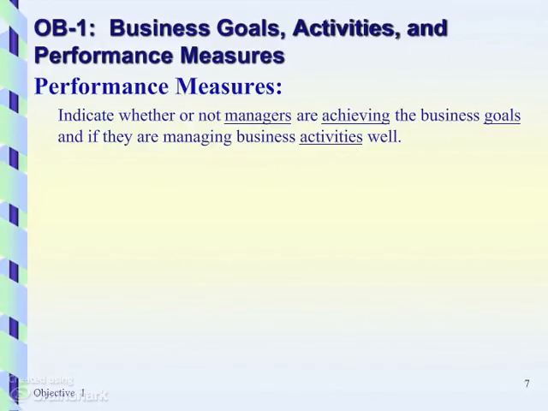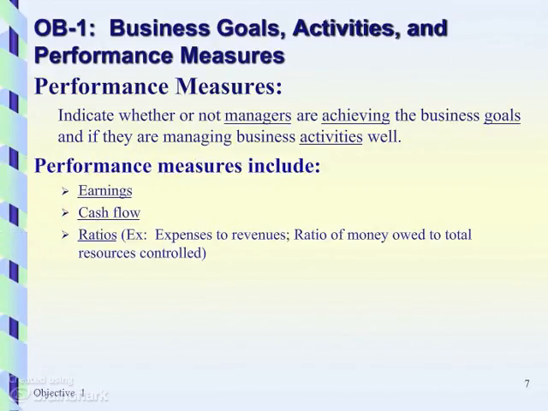So performance measures indicate whether or not managers are achieving the business's goals and if they are managing the business activities well. Businesses establish performance measures including earnings, cash flow, and they use things called ratios to help them determine whether they're achieving their performance goals.